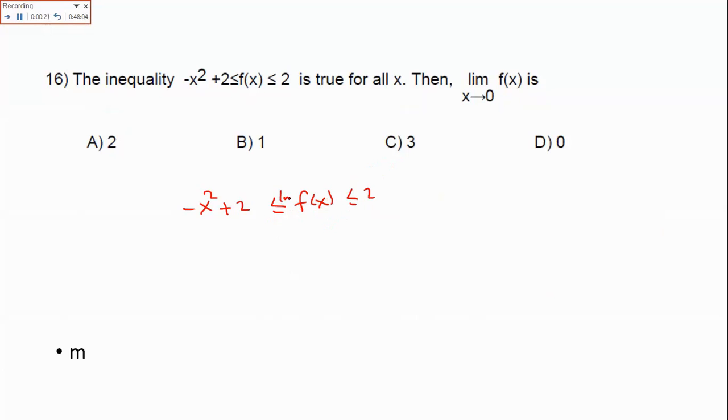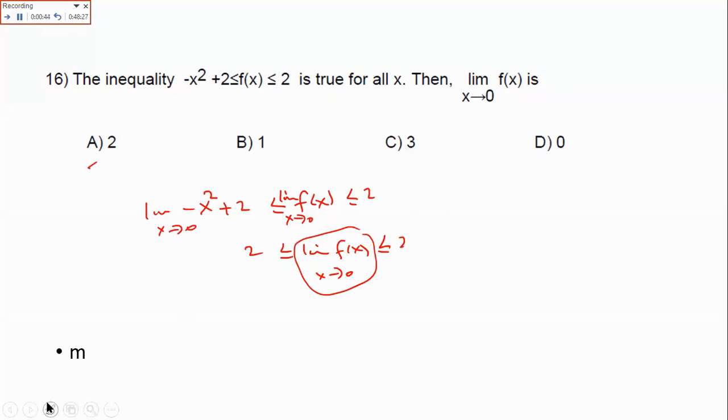So you put the limit as x goes to 0 here, and the limit as x goes to 0 here, right? And this is constant. The limit as x goes to 0 is 2. 2 is less than or equal to the limit of f of x as x goes to 0 and less than or equal to 2. That means this limit is equal to 2, right? So I think that's the answer. Okay, let's go to the next.